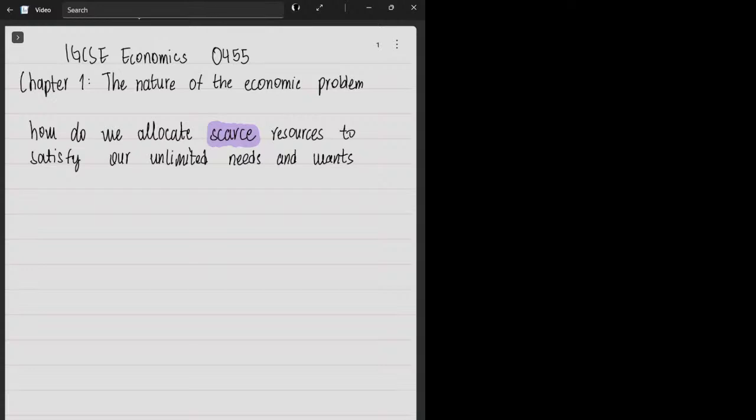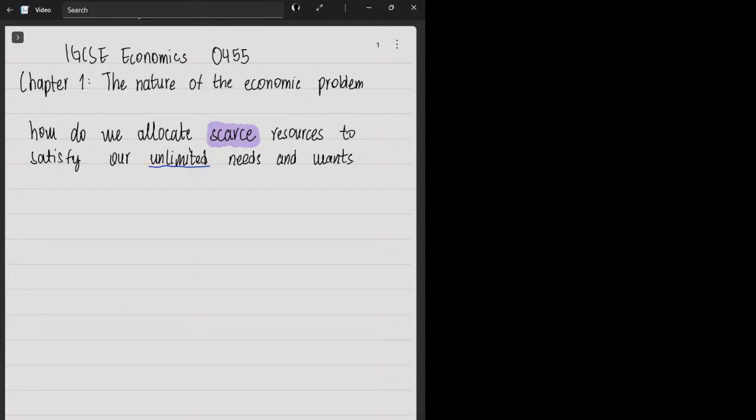Okay, how are we going to allocate them so that we can at least try and satisfy some of our needs and wants? Because we know that our needs and wants are unlimited. So that means that it is basically impossible to satisfy all of them. So that's why we need to find the best way in which we can allocate these resources to satisfy the ones that we can at least.